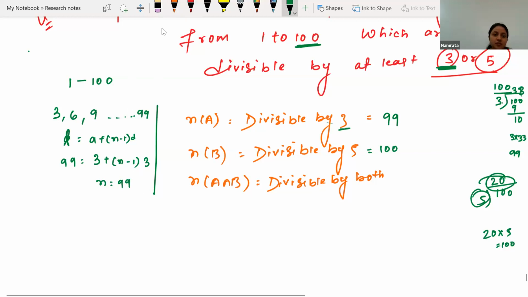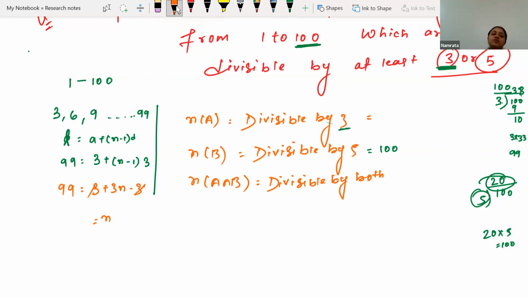Okay, yeah, we are making a mistake. So when applying the short trick here, this answer is wrong. Can you see, the n value will not be 99 over here? Here it will be 99 equals 3 plus 3n minus 3.